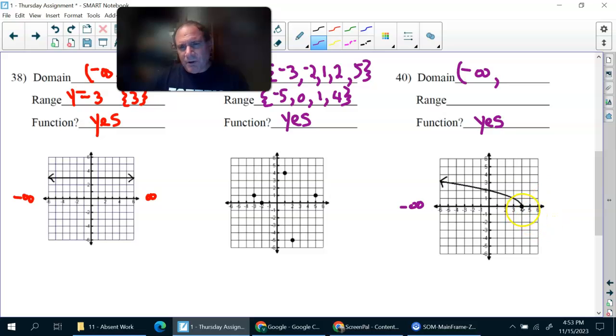The rightmost part starts at 4, so we're going to have 4, and we're going to put a bracket. The range itself is the lowest part of the graph is at 0, so we're going to put a bracket because it touches that 0 on the y-axis, and it goes on forever in this direction, so that means it continues up in that direction, so you have a positive infinity.